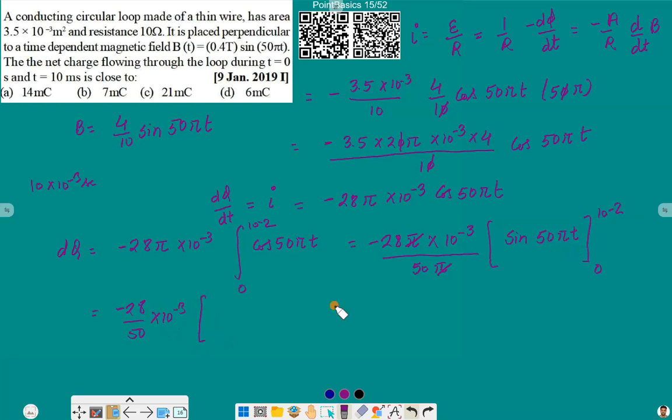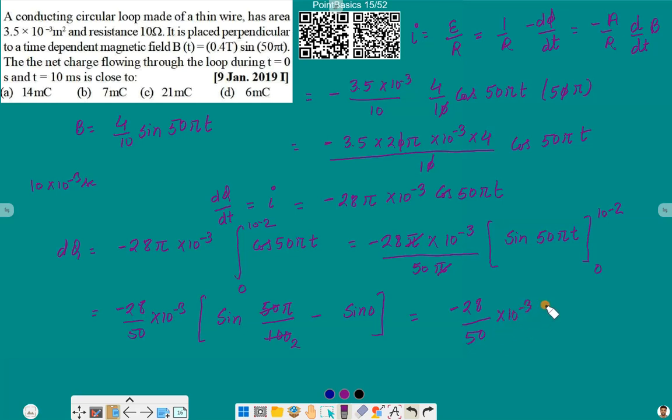Putting the value of limits here, we have sine of 50 pi into t's value, 10 raised to power minus 2 or 1 by 100, minus sine of 0, and that will be sine pi by 2, or we can say 1.